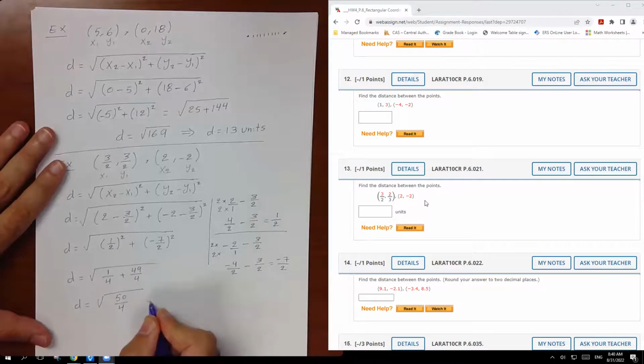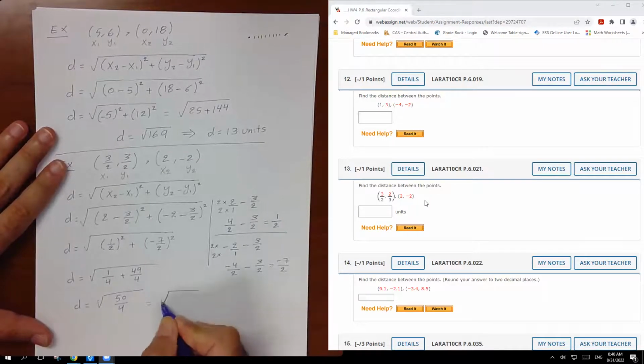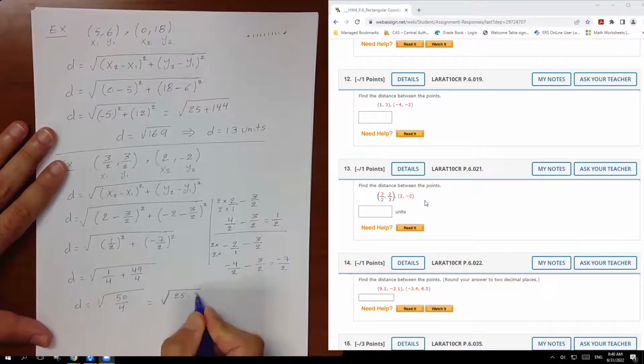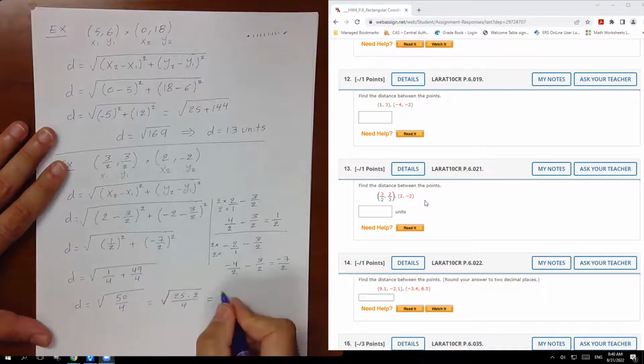So let's write down this as the square root of 50. Is that 25 times 2? And here is the 4. So that means the result is going to be: 25 goes out, the square root is going to be 5, and 4 goes out, the square root is 2.